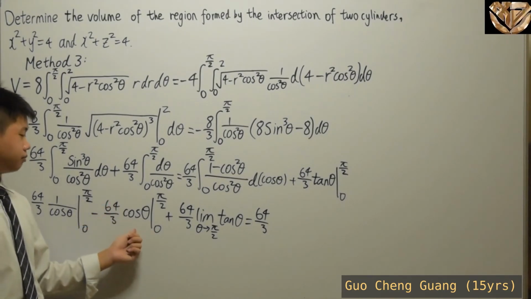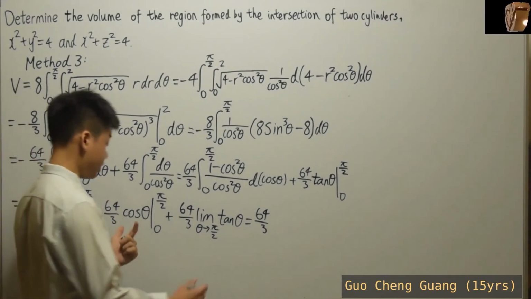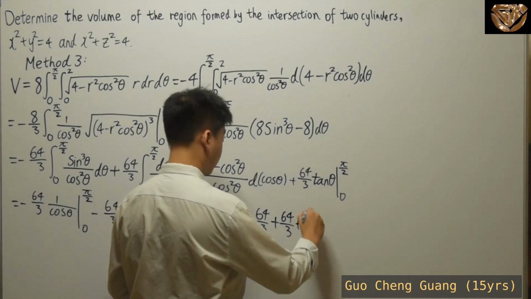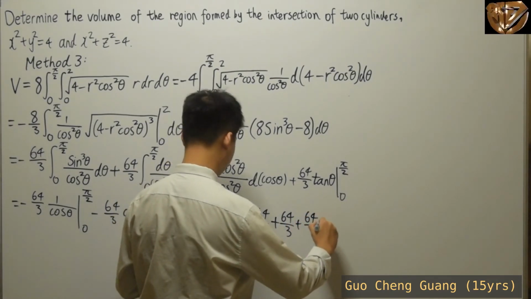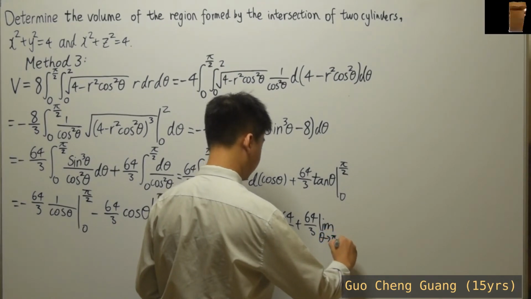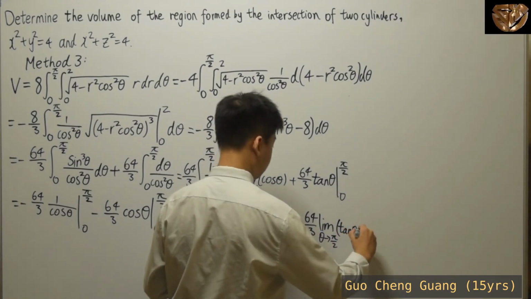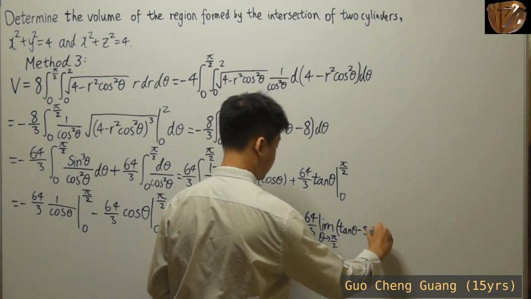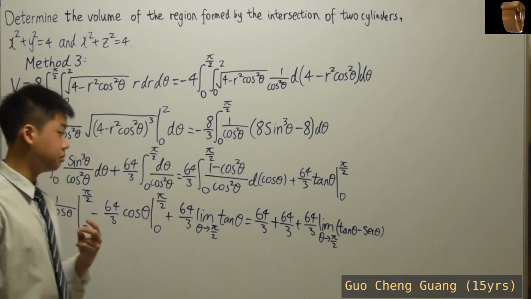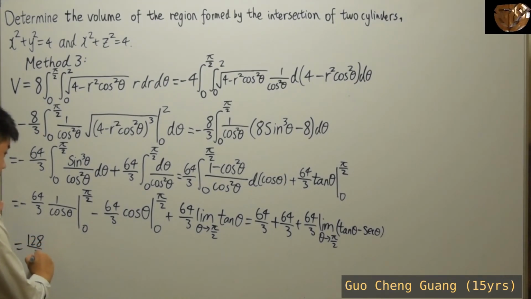Now we take a look at the second term. You put in half pi, you're going to have 0. You put in 0, you're going to have a negative, and then you add on 64 over 3. And for the remaining parts, you just have 64 over 3 limit theta approaches to half pi tangent theta minus secant theta. Well, since secant is basically 1 over cosine. But of course, well, does that look solvable?